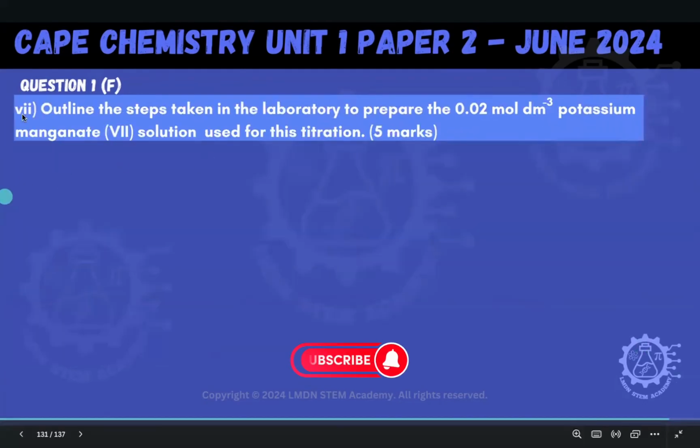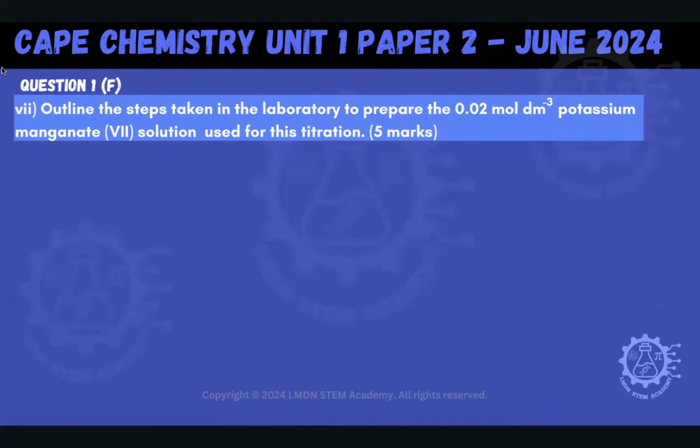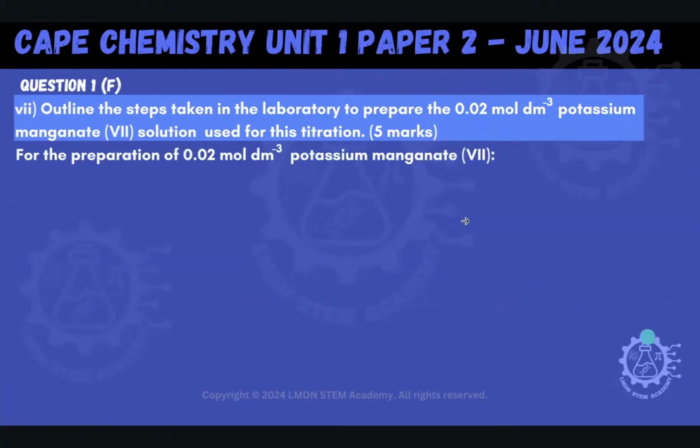All right. So part 7 of this question is asking us to outline the steps taken in the laboratory to prepare the 0.02 mole per dm³ of potassium manganate 7 solution that was used for the titration, right? So we had to prepare the solution in the lab before we could do that small scale titration that we did. So in order to prepare this, here's what we're gonna need to do.